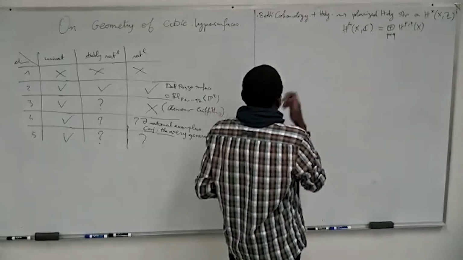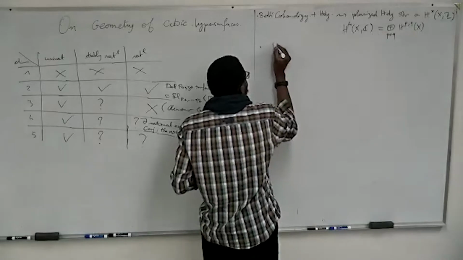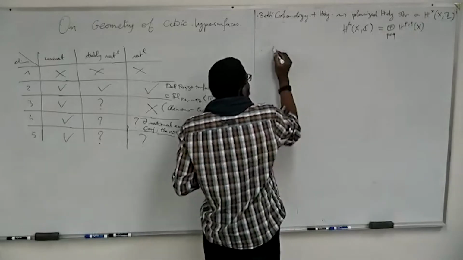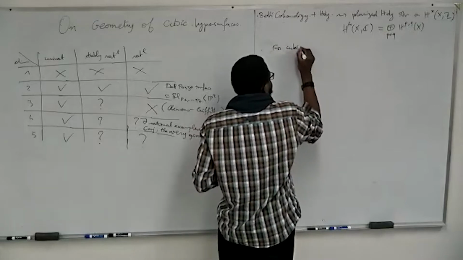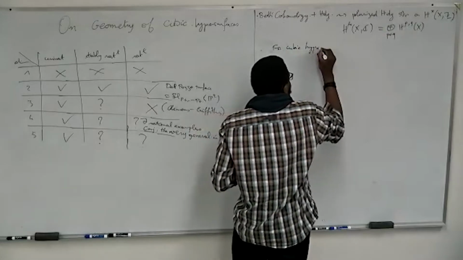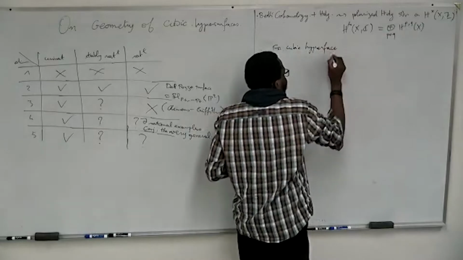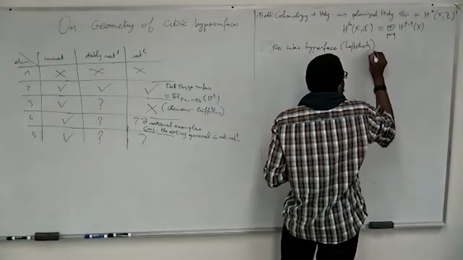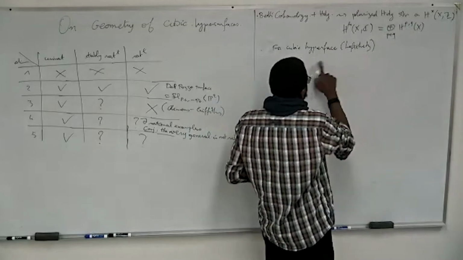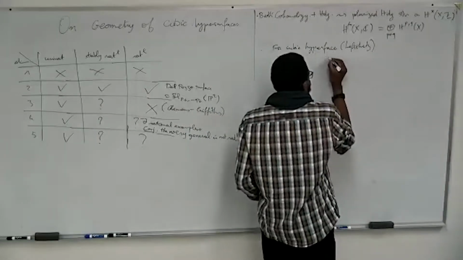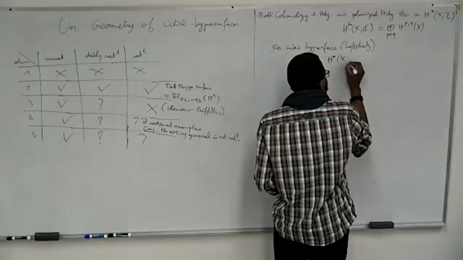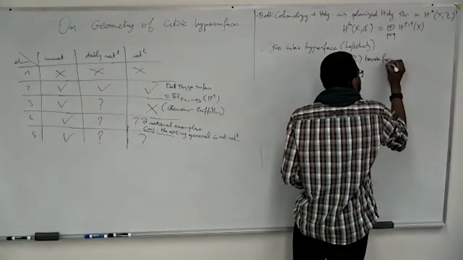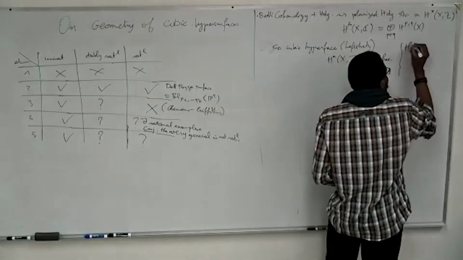So we have Betti homology, we have Chow groups. First, for cubic hypersurfaces, of course, by Lefschetz hyperplane theorems and also the universal coefficient theorem, the homology groups are torsion free, and also they are very simple.